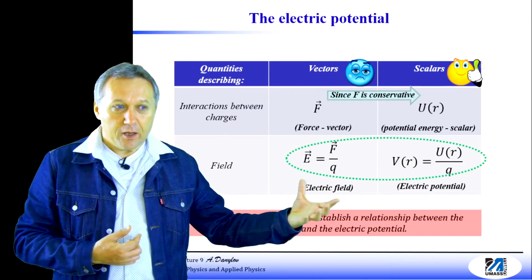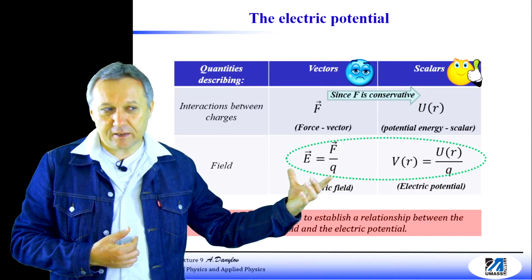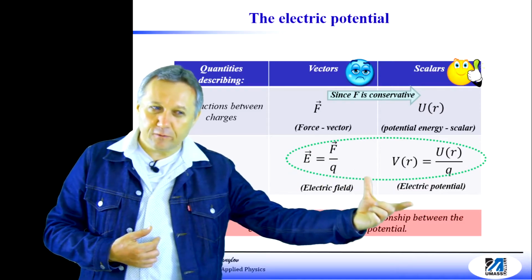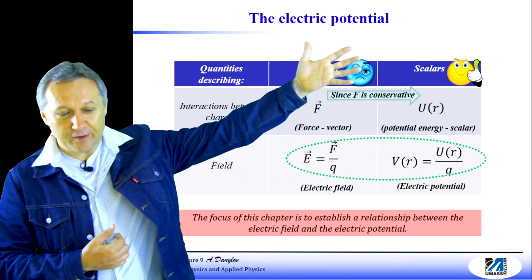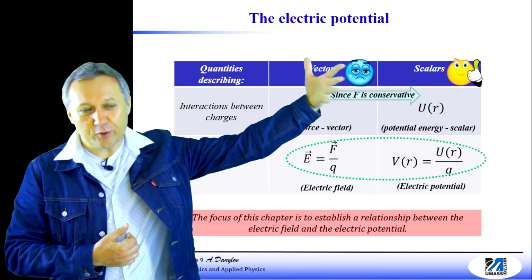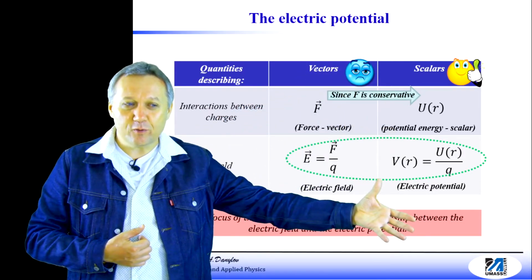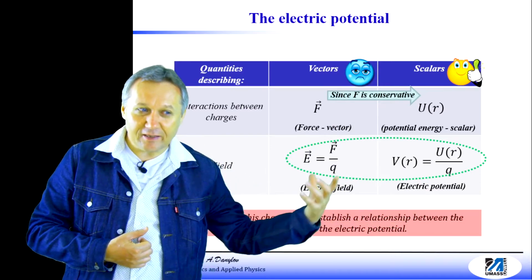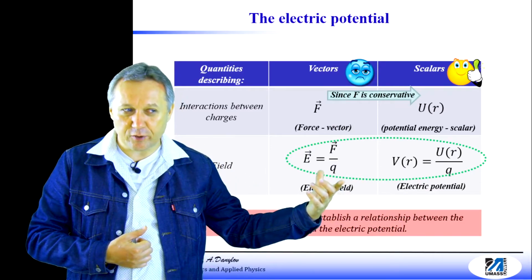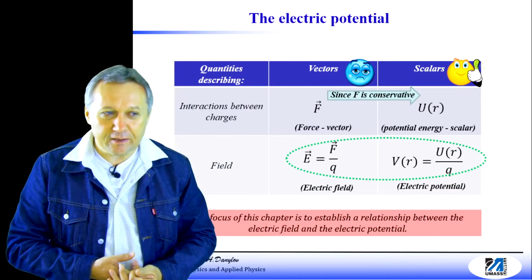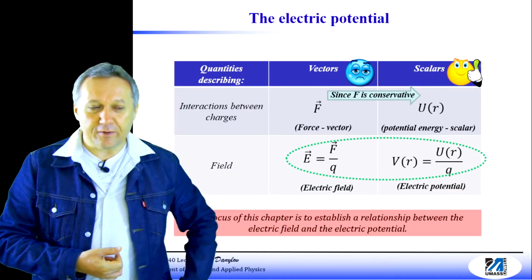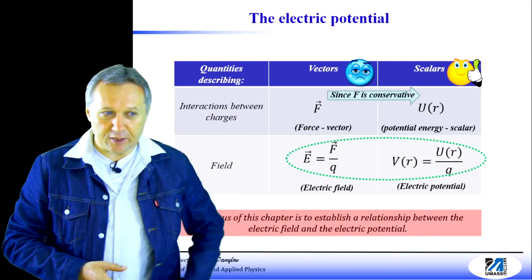So, for example, instead of finding the net electric field, we can first find the net electric potential at the point in question. First you find the electric potential, and then if you know the bridge for how to move back to the electric field, you can use that bridge and find the electric field from the net electric potential.